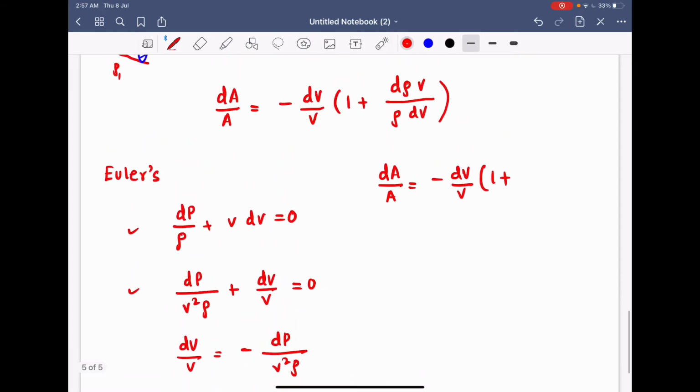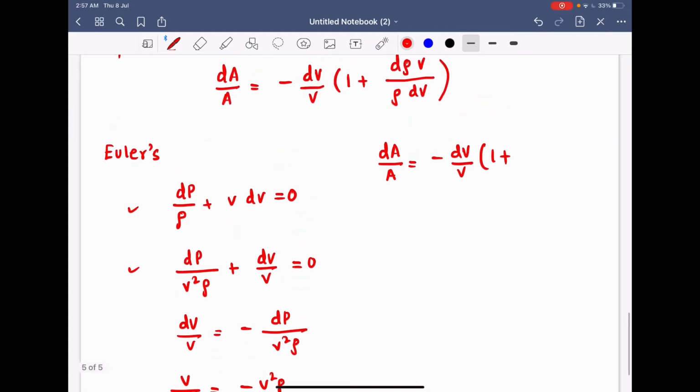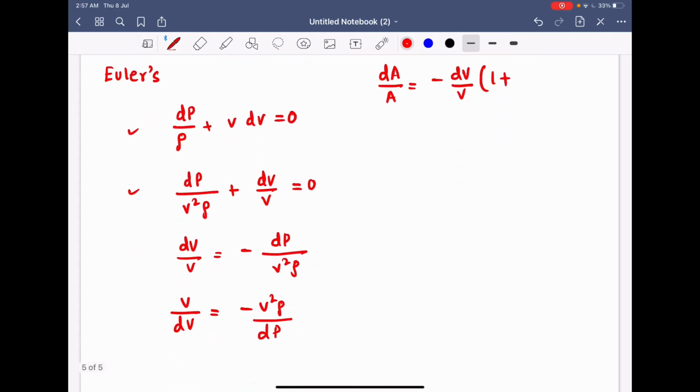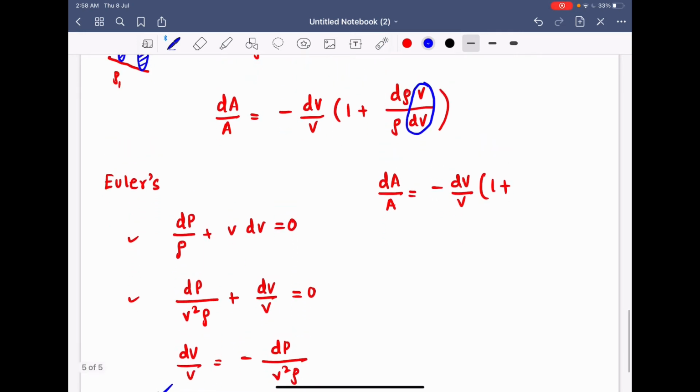Okay, so over here, just a second, guys. What I'm doing is substituting V by dV over here. So this is the thing that you need to know.